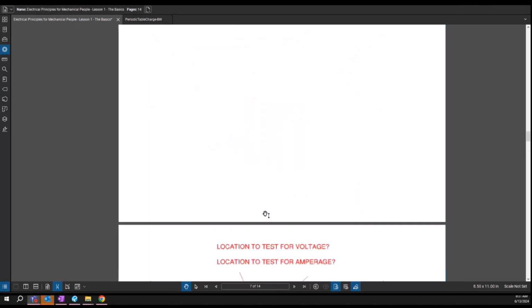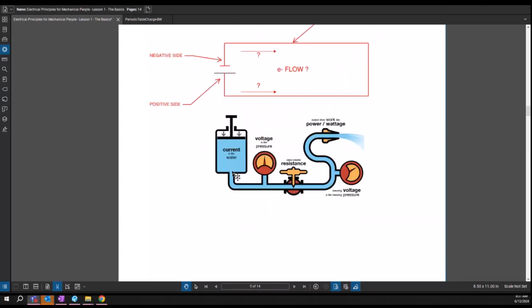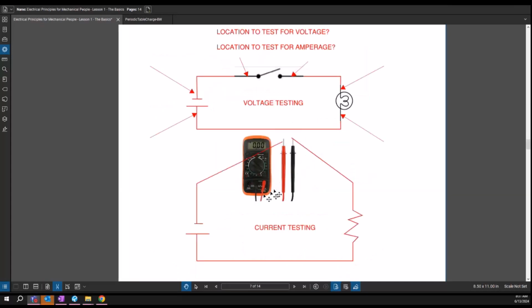Going back to this, if I needed to measure the flow of water, I have to stick something in the water, right? Yeah. And this is essentially sticking the multimeter into the flow of electrons, or in this case, water. Gotcha.